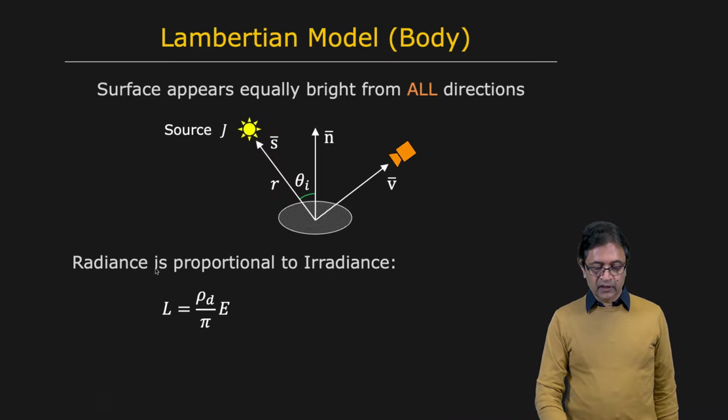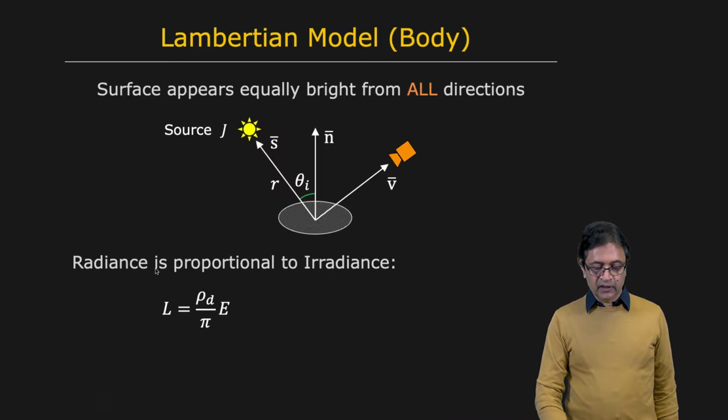So the Lambertian model really represents one end of the spectrum. It is body reflection, and an ideal form of body reflection in some ways. It says that it doesn't matter what the illumination is, the surface always appears equally bright from all directions.